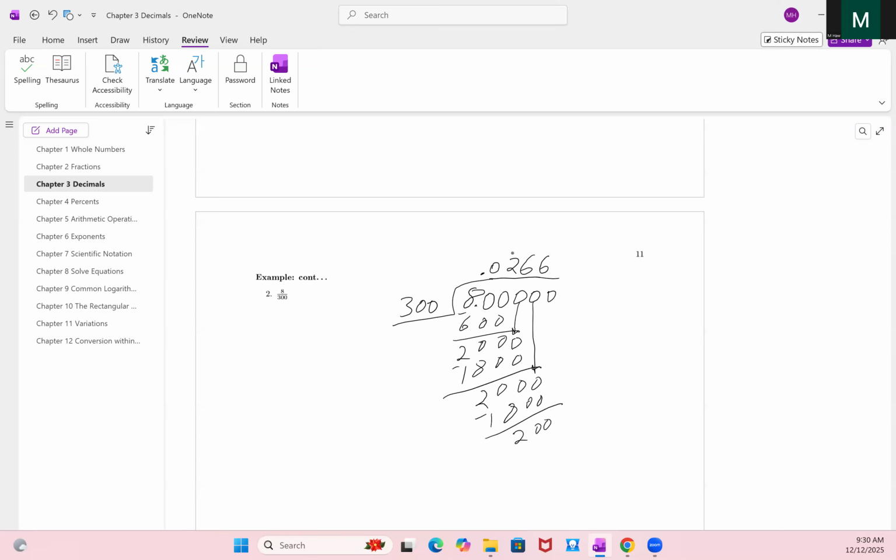Put another terminal 0 here. Bring it down. 6 times 300 is 1800. The remainder is 200. There is a pattern that repeats. So this is equal to 0.026. Now, only the digit 6 is repeating. We put the bar on top of the 6.